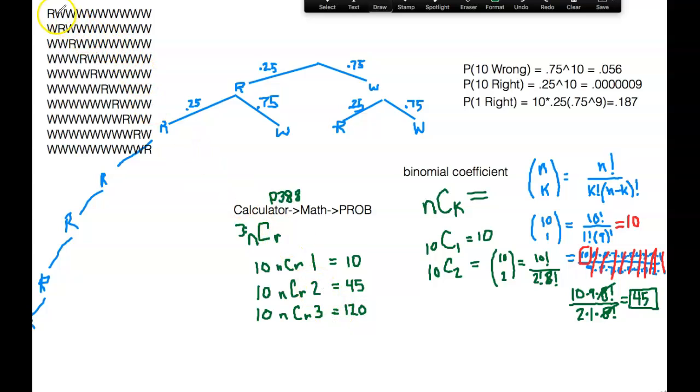So the first one, I counted the number of ways we could do that, which was 10. I showed it, but there's 45, 120. It's going to get bigger and bigger and bigger. 10C4, 10C5. Huge numbers. There's a lot of ways that we could do this on the tree diagram.